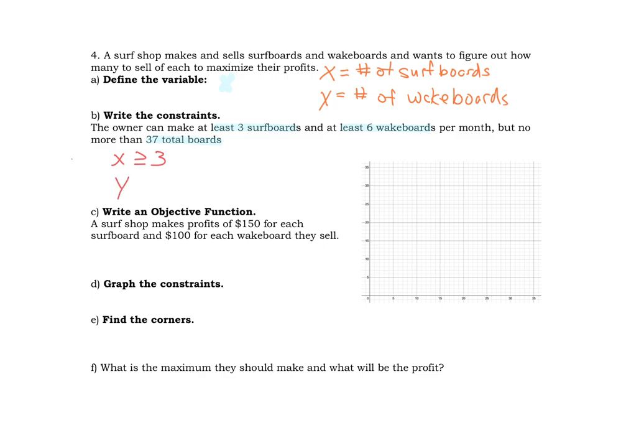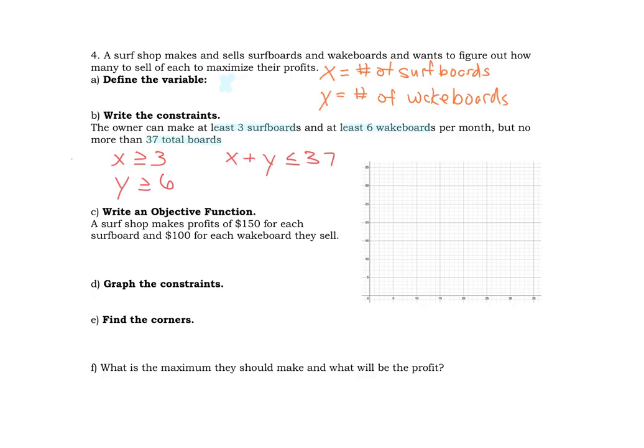Wakeboards is 6, and again, 6 is the smallest amount, so I can make more. But I can make no more than 37 total boards. So surfboards plus wakeboards, and 37 is the largest it can be, so adding them together is 37 or less.